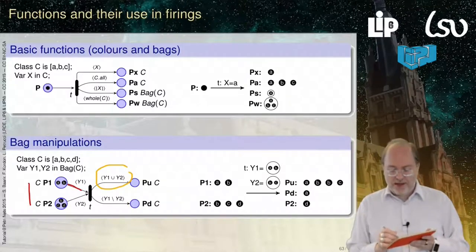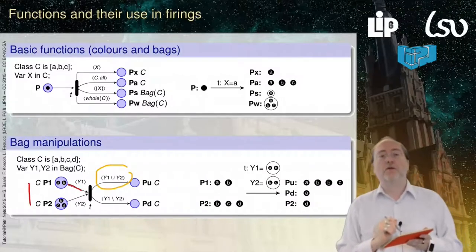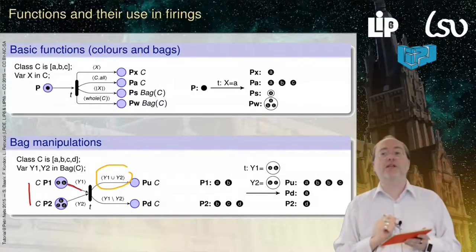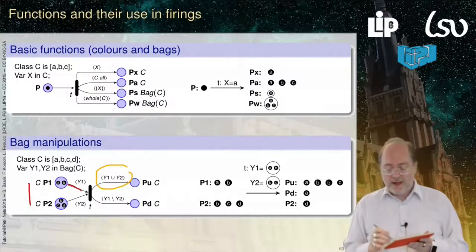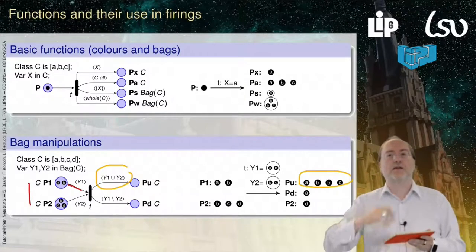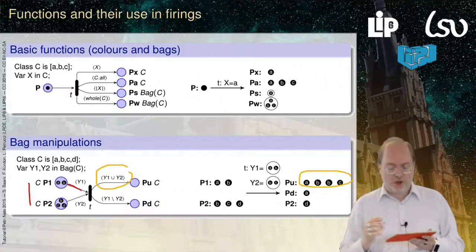So this is what you have here. P1 and P2. Here I fire with Y1 taking two tokens from P1 and Y2 taking two tokens from P2. And the union of those is a bag with 4 tokens.